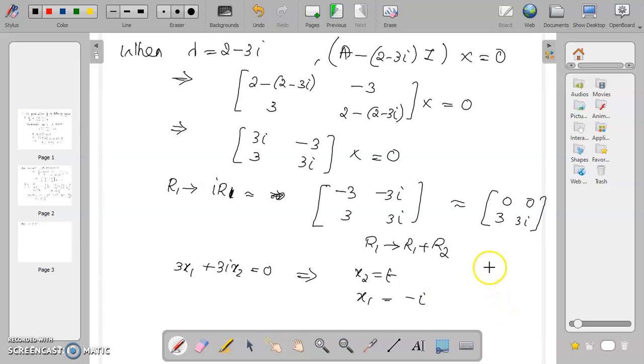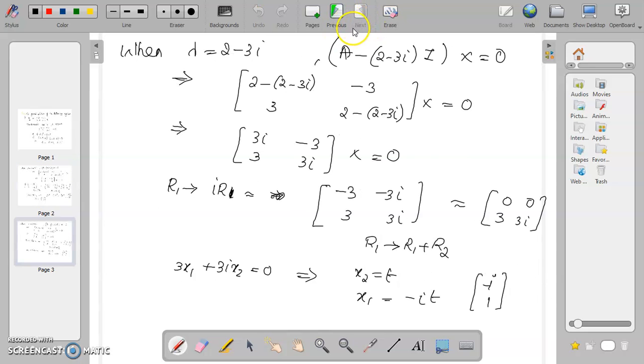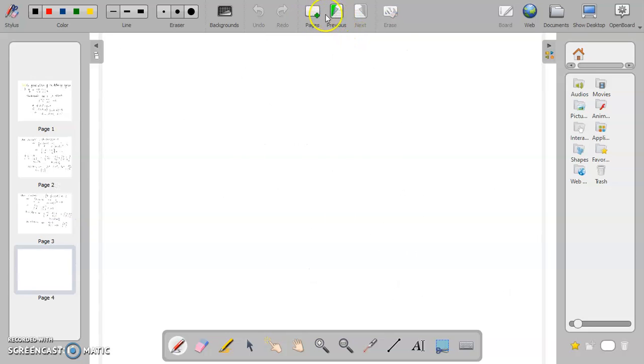So the eigenvector is going to be minus i and 1. So the first eigenvector is (1, minus i) and the second eigenvector is (minus i, 1). And now let us write the general solution.